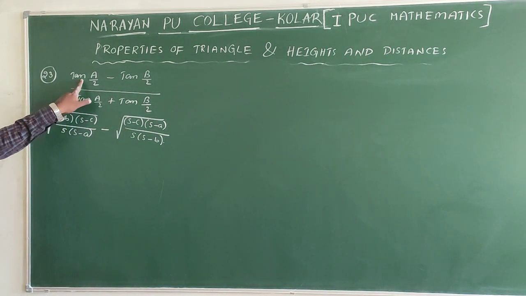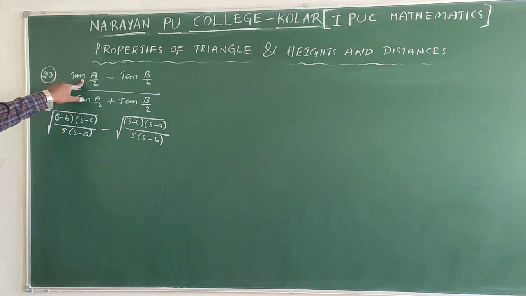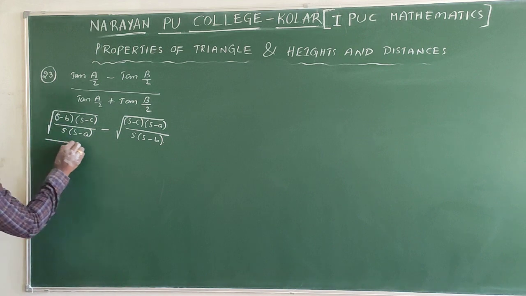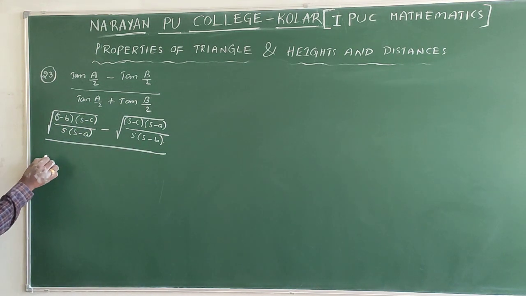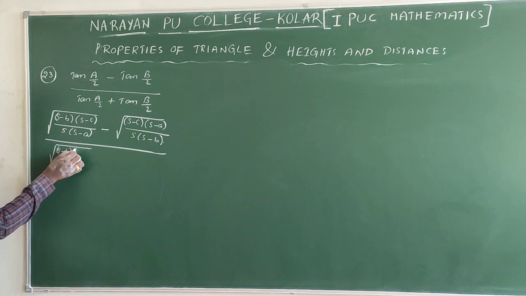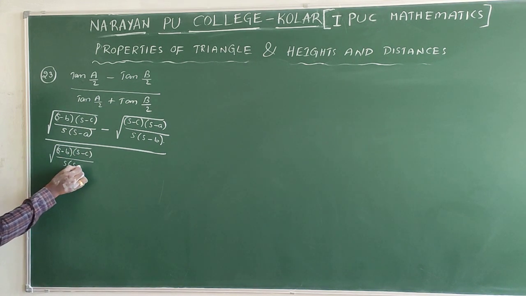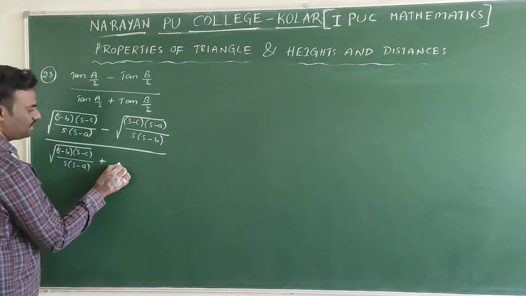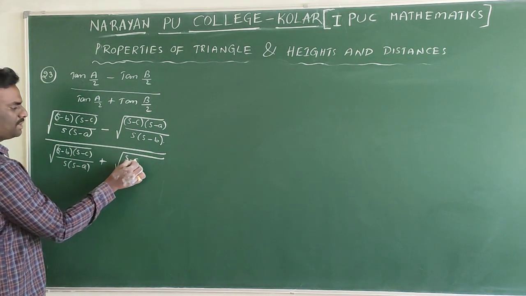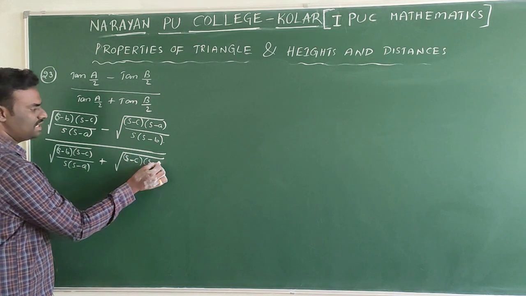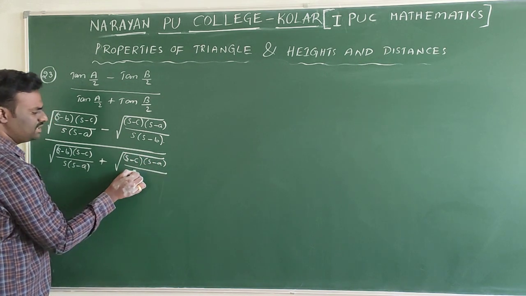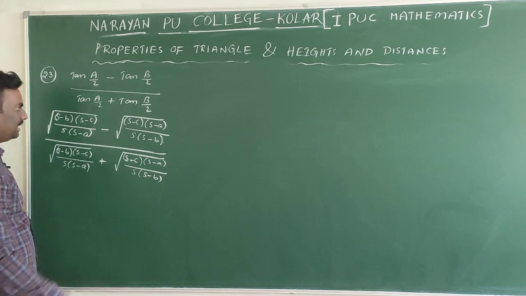How will we get tan A/2? We know the formula for sin A/2 and cos A/2. Denominator gets cancelled, and we get tan A/2 as sin A/2 by cos A/2. Same: under root of (S minus B)(S minus C) by S(S minus A) plus under root of (S minus C)(S minus A) by S(S minus B).